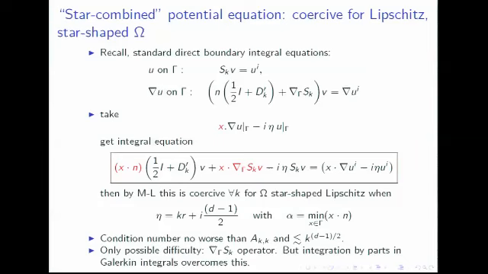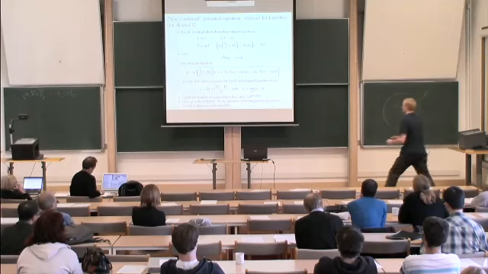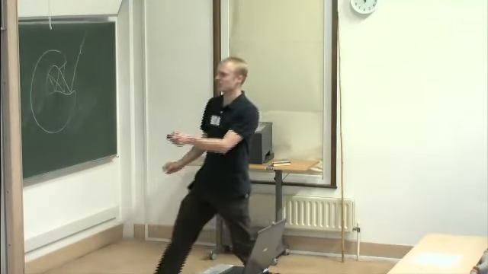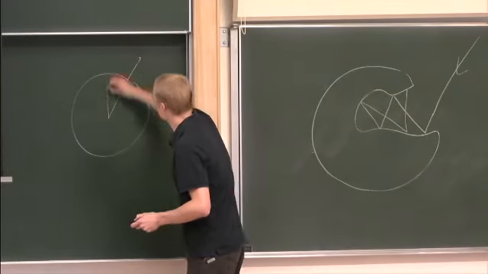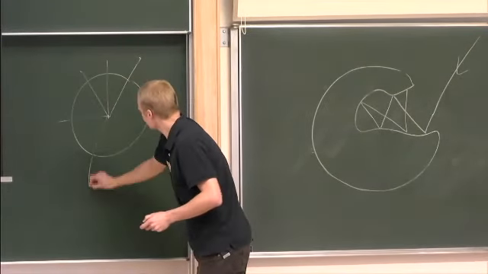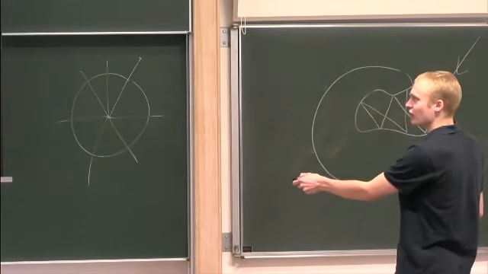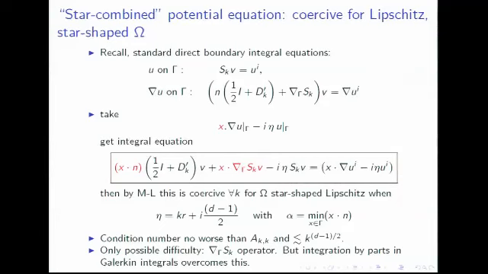Well, the first thing to notice is that when the domain is the circle, this operator reduces to the standard combined potential operator, because if I have the circle, the vector field x is normal to the boundary. So x dot n is 1 and x dot grad gamma is 0 because grad gamma lives in the tangent space. This then gives you alternative and simpler proofs of coercivity for the circle and sphere.